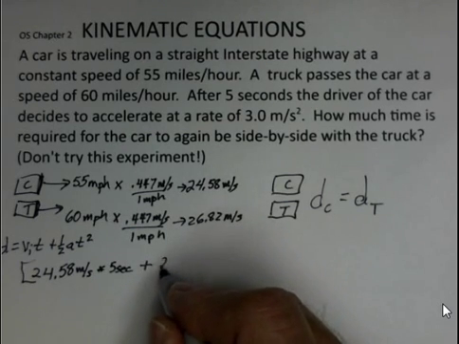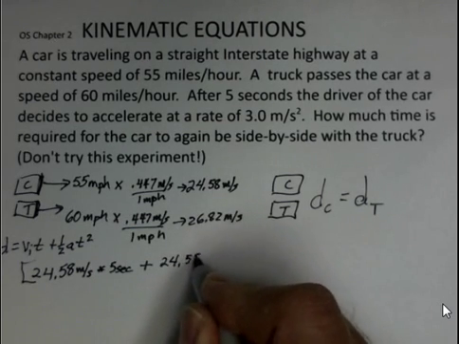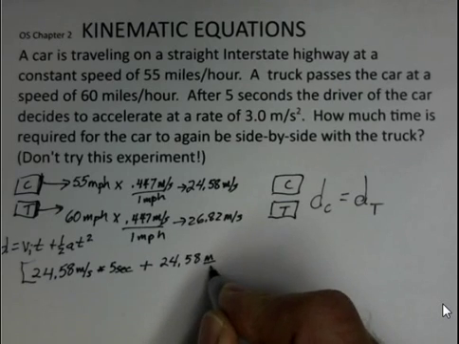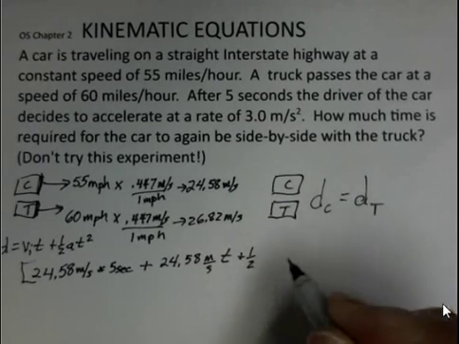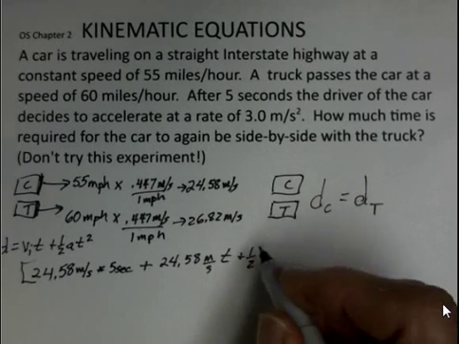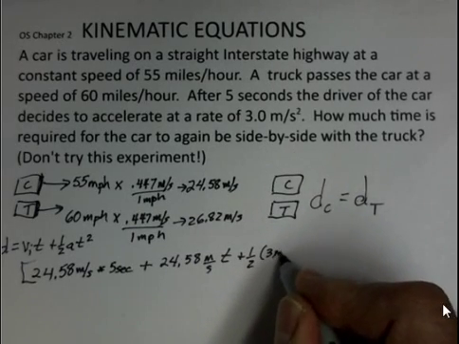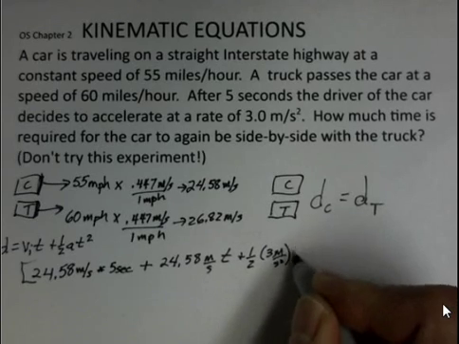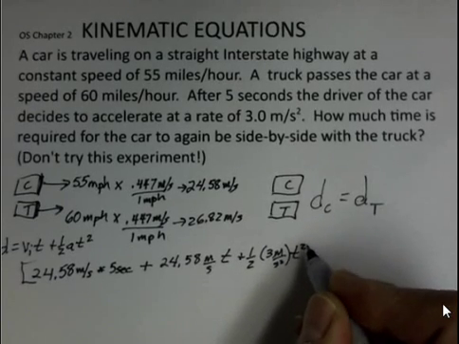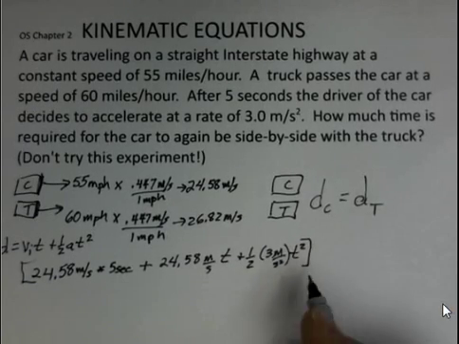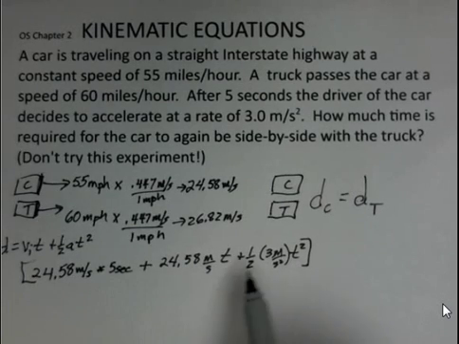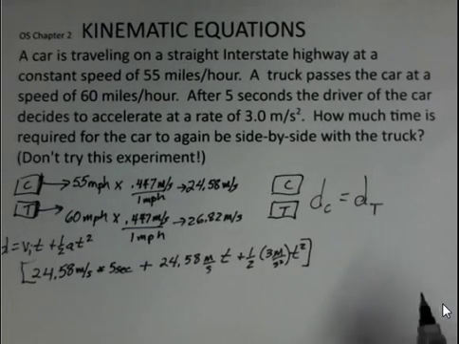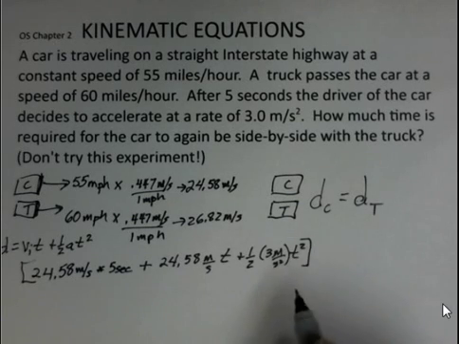So 24.58 meters per second multiplied by time plus 1/2, and we have an acceleration given here of 3 meters per second squared, and then our unknown time squared here. This t symbol here does not include the 5 seconds. This is the distance the car travels.